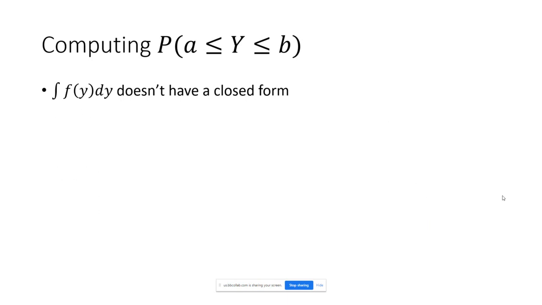Because the antiderivative of the density function doesn't have a closed form. We can't write a formula for that antiderivative. So what we do instead is compute the integral of the density function from A to B numerically.